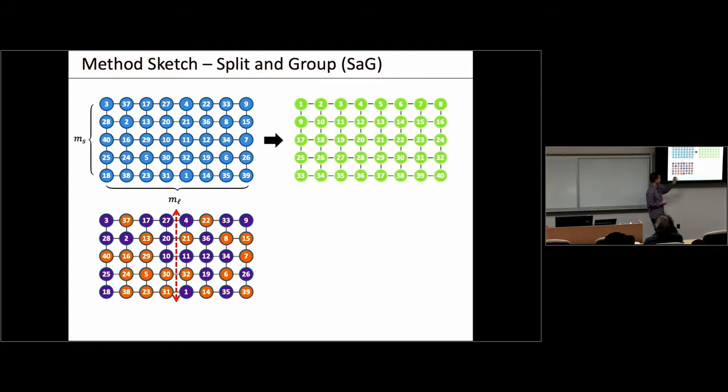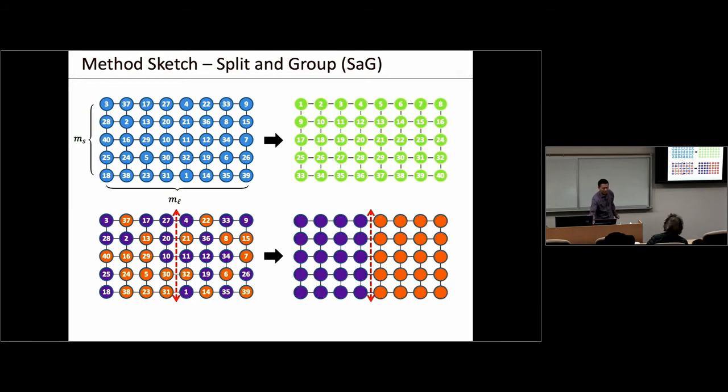Some of the robots need to go to the right side eventually, and some need to go to the left side. In this case, all the orange ones should go to the right side eventually, and all the purple ones should go to the left side. After this split, we want to group these robots based on where they should be in the end. That's why we call this split and group.